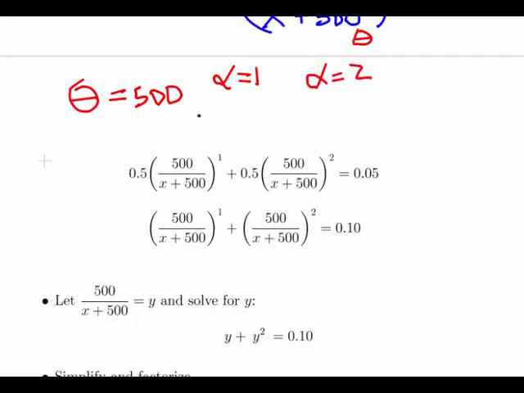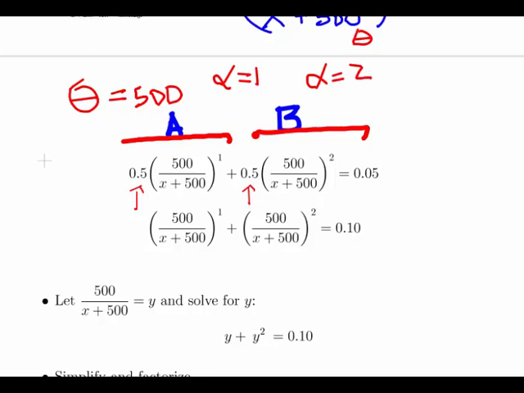Okay, this is where the law of total probability comes into play. Here we have portfolio A, and over here we have portfolio B, and 50% are from A and 50% are from B. Of the 50% that are from A, this is the expression that will give us, for some value x, the proportion of the total number of claims from portfolio A that is greater than x.